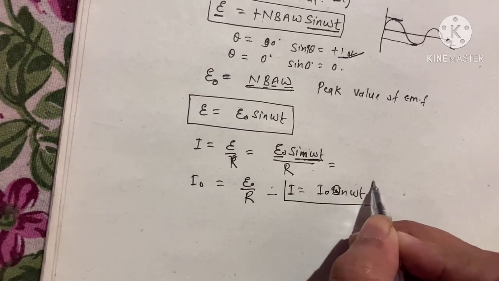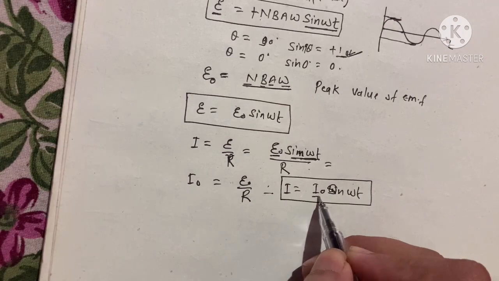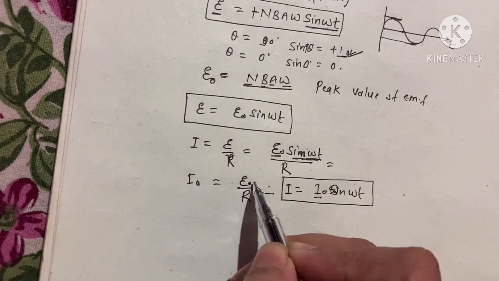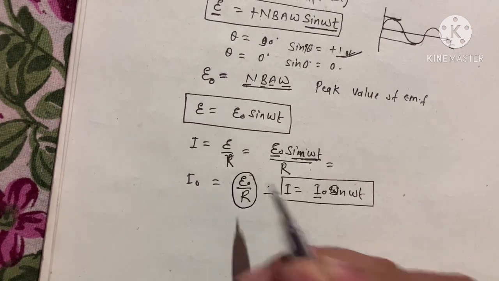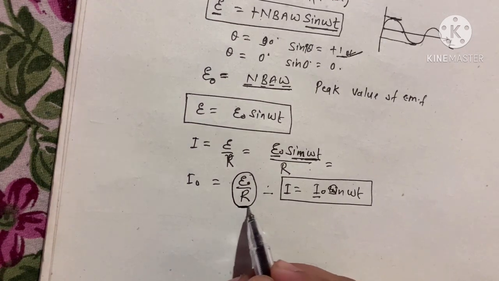This is the current, and this I naught is called the peak value of current. Now look at this equation, E naught by R. E naught is basically the peak value of EMF, and you are dividing it by R.